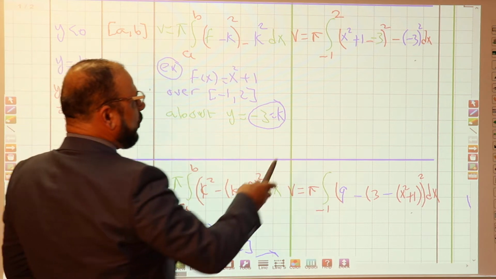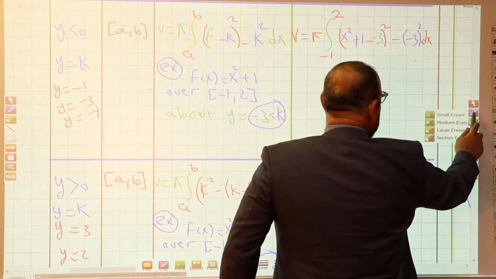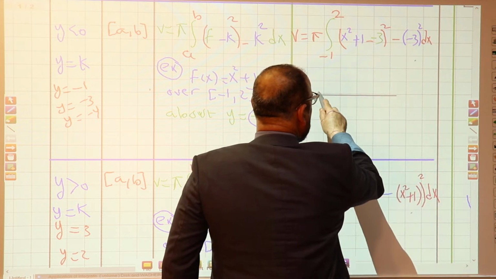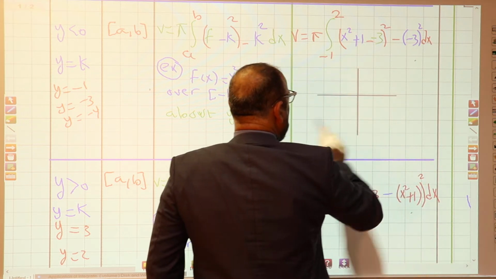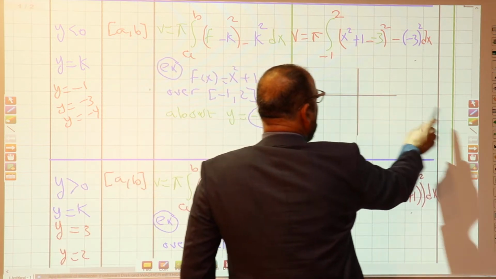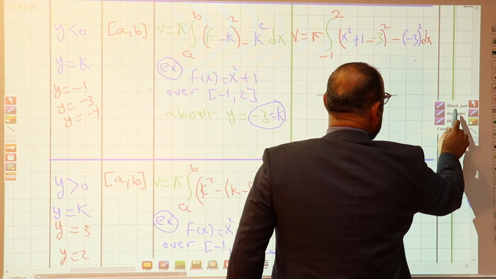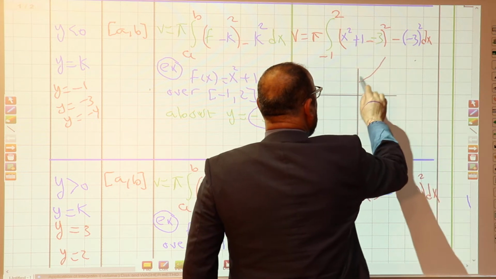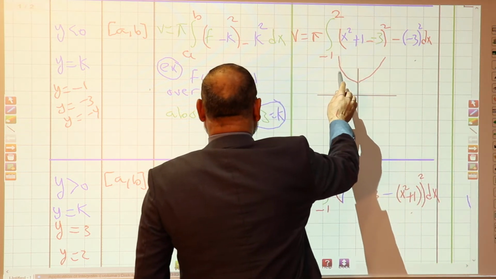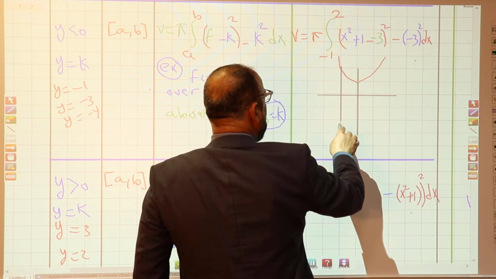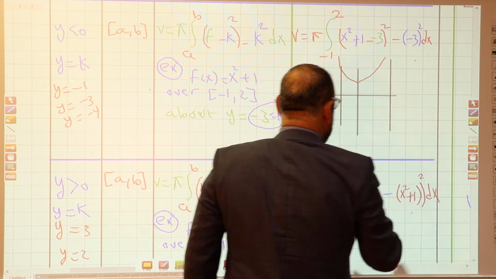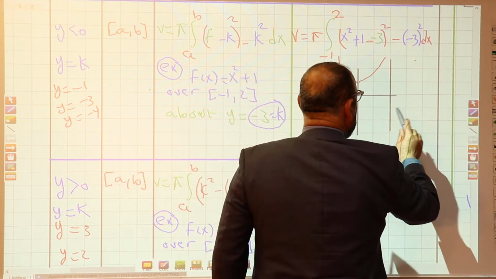If you want to graph x squared plus 1, just sketch it. x squared plus 1 is a curve going up, and you want to revolve it from negative 1 here to 2 here.